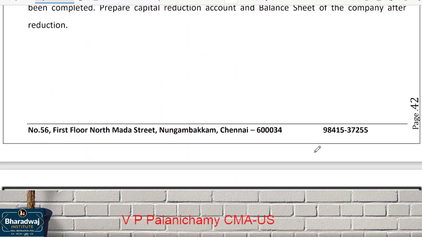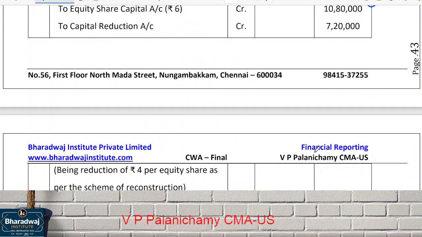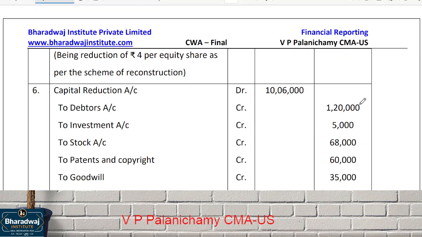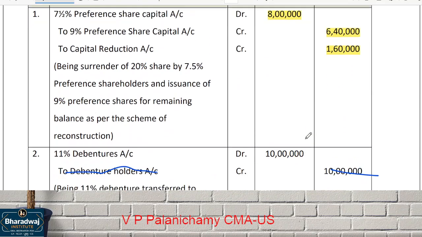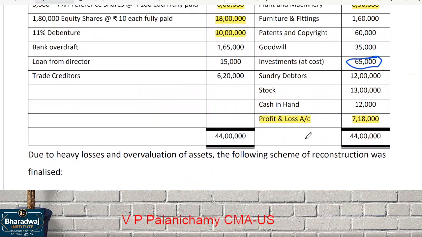So what is the entry you will pass for that? Capital reduction account debit to debtors, investment, remaining stock 68,000. What is the total stock? 13 lakh less 6,20,000 balance is 6,80,000. 10% of 6,80,000 is 68,000.